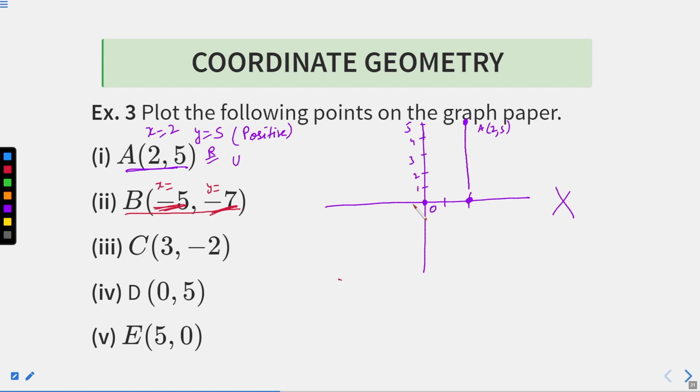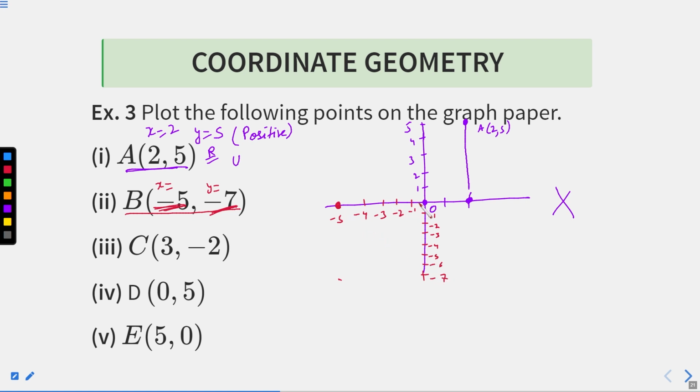So we have to move left: 1, 2, -1, -2, -3, -4, -5. So -5 is here. Now we have to move 1, 2, 3, 4, 5, 6, 7, that is -1 to -7.